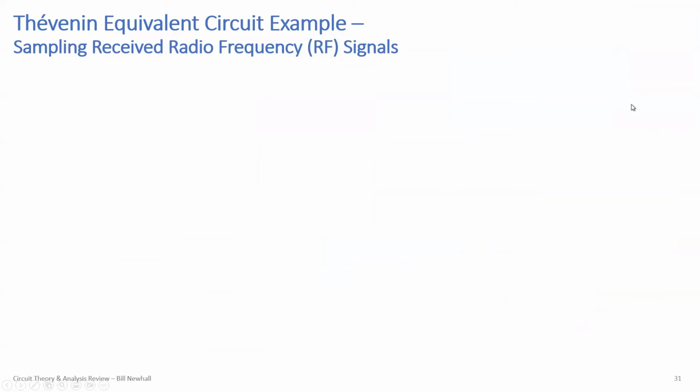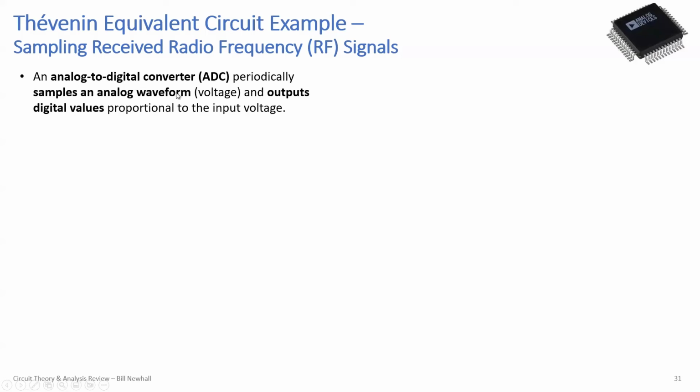Okay, here's a little more complex example. Let's suppose you're using an analog to digital converter to sample a high frequency signal, an RF signal. An ADC periodically samples an analog voltage and then converts those samples into digital values that are proportional to the input voltage.